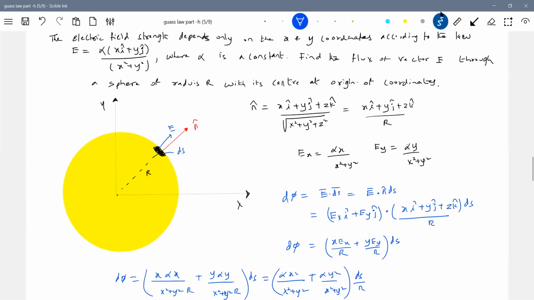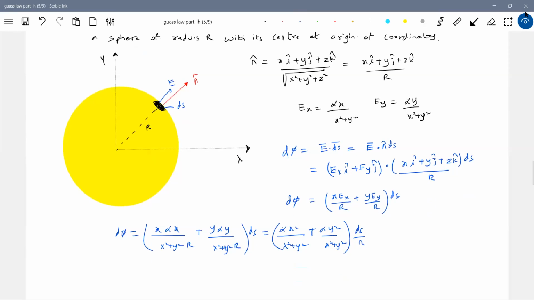Just check once: the field here has no root under it, I made a correction. So this cancels out, and we finally end up with alpha ds by R.